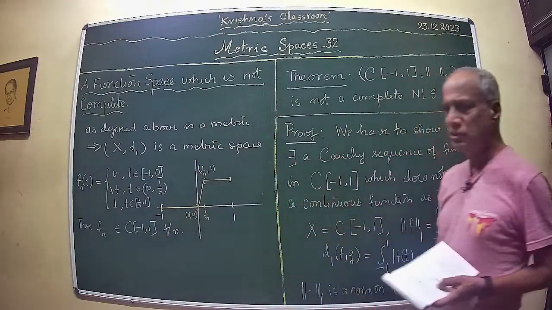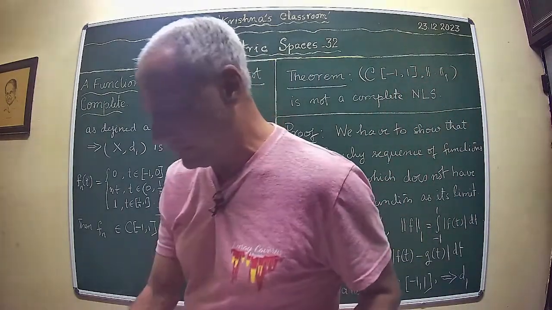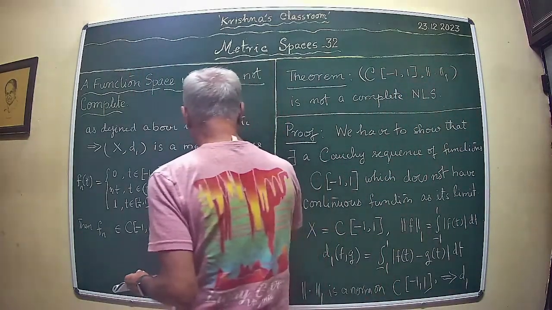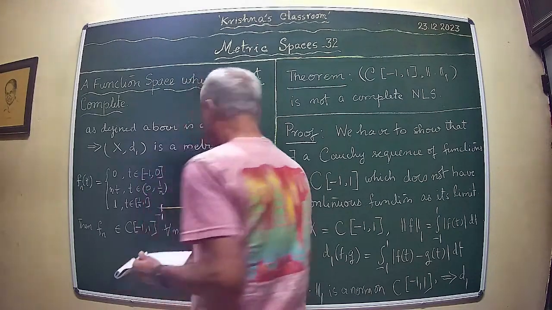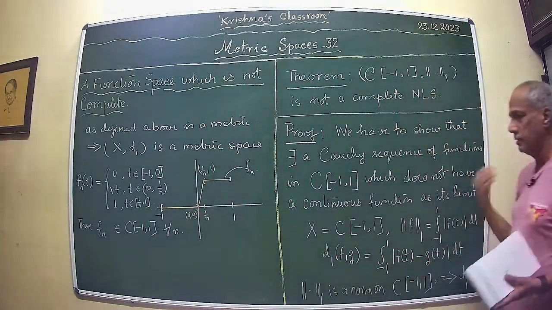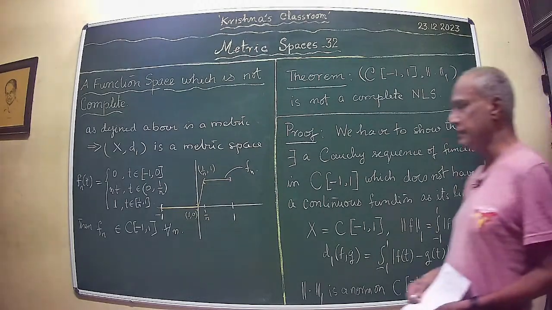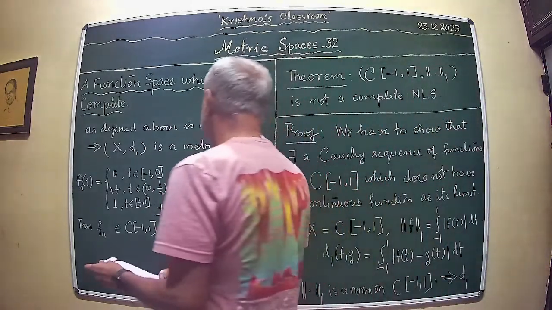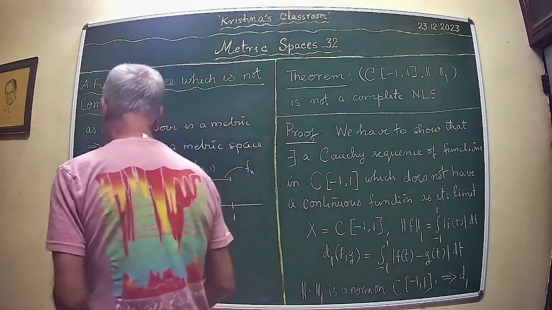So you have a sequence of functions Fn, and this is the graph of Fn. Now we first show that this is a Cauchy sequence in the D1 metric.